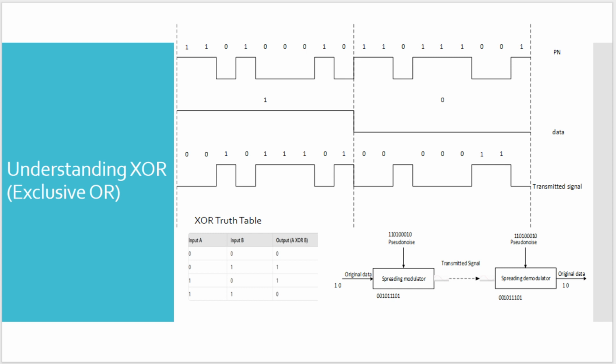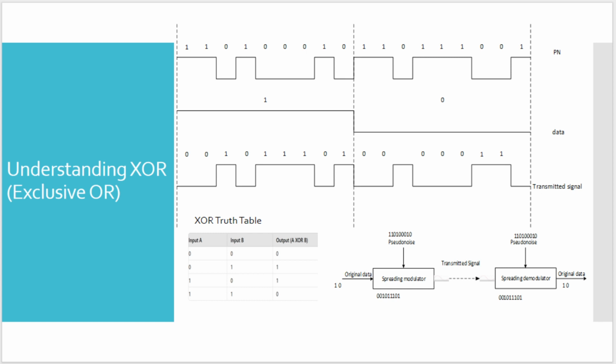The XOR, exclusive OR operation, is a functional binary operation used in digital electronic and communication systems, including direct sequence spread spectrum.